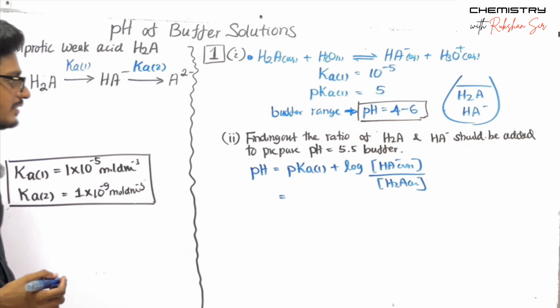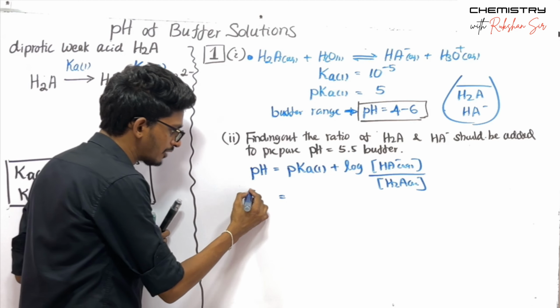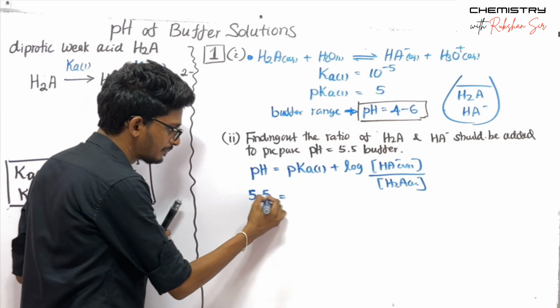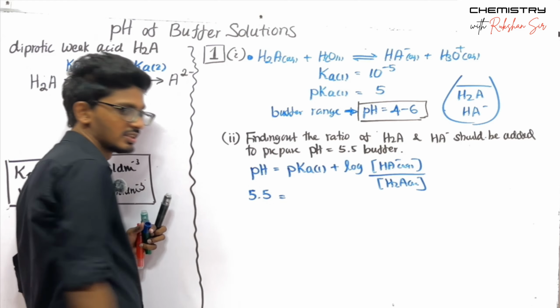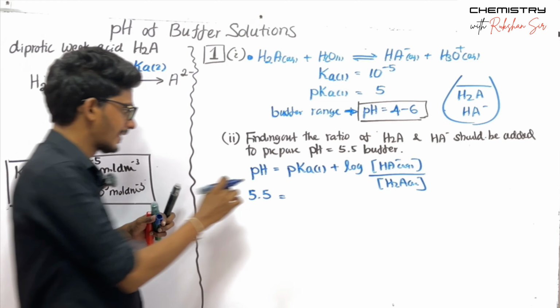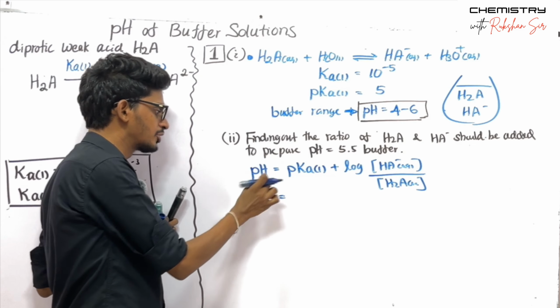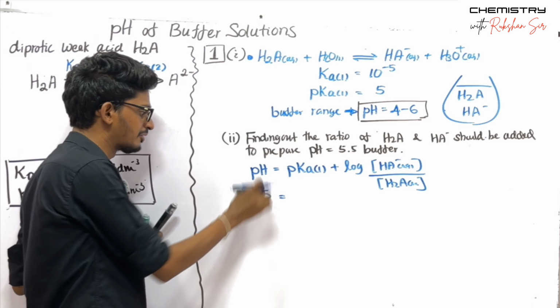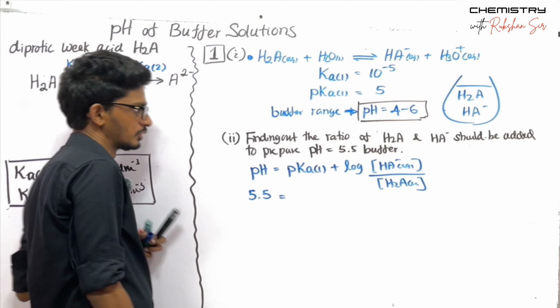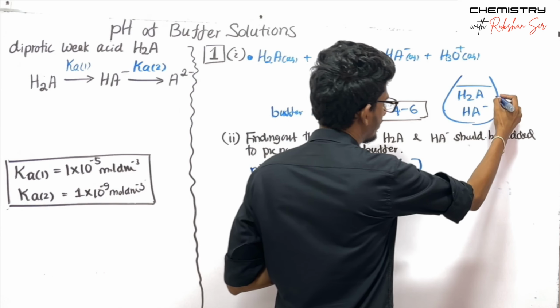So what we need is a pH 5.5 buffer. This Henderson equation can be used to come up with the pH of the buffer solution. So we need now a pH 5.5 buffer.